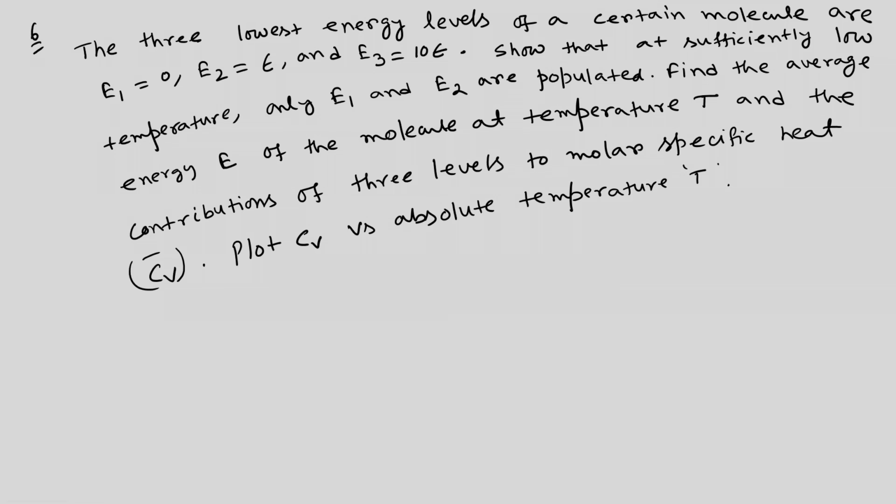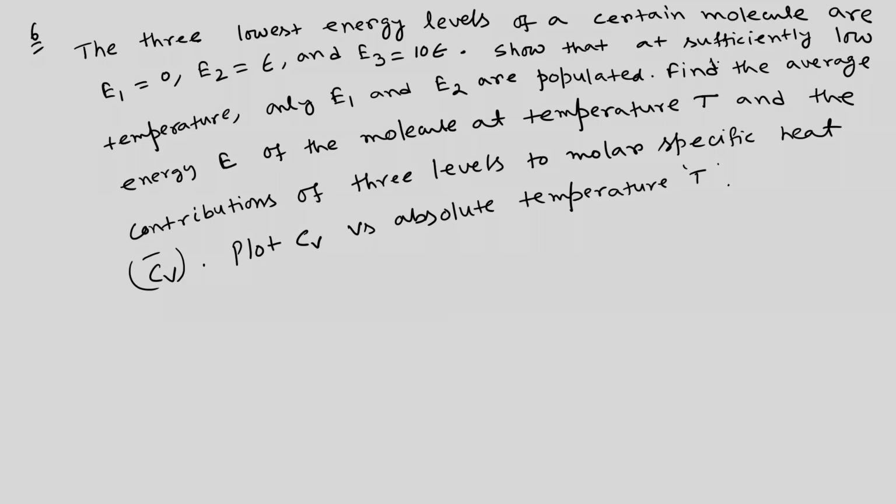So, problem number 6 says the 3 lowest energy levels of a certain molecule are E1 equals to 0, E2 equals to epsilon, and E3 equals to 10 epsilon. So that at sufficiently low temperature only energy levels E1 and E2 are populated.